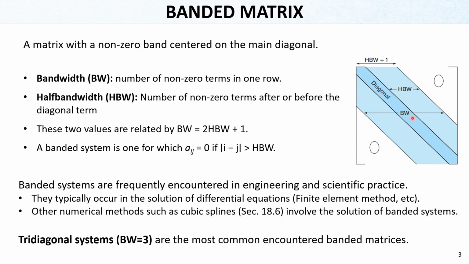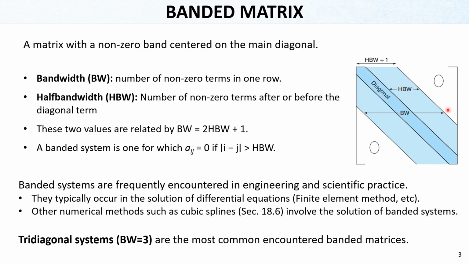This BW is the number of non-zero terms in one row, starting from the second row. And half bandwidth is the number of non-zero terms after or before the diagonal term. After or before this diagonal term there are an equal number of terms, and if you measure it starting from the second row, it is called half bandwidth.